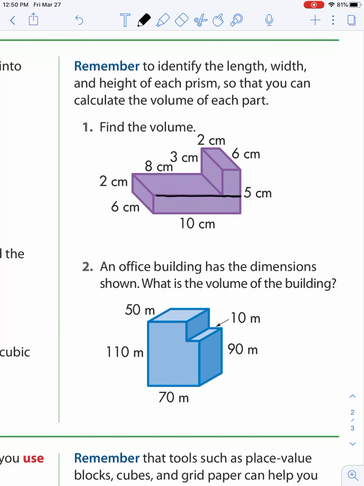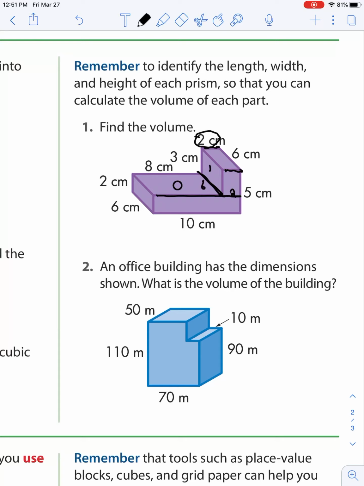You found the volume of rectangular prism 1 and rectangular prism 2. If we did the first one, that's going to be 2, because that's opposite this and opposite this. We're going to do this side here, which has got to be 6.